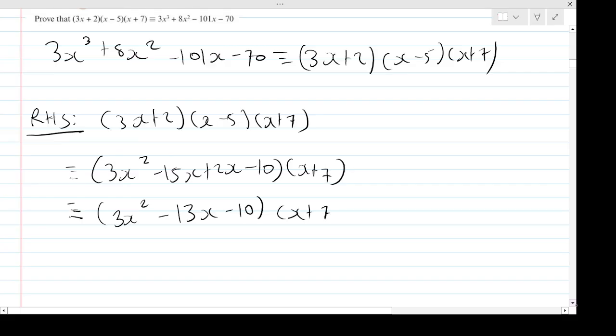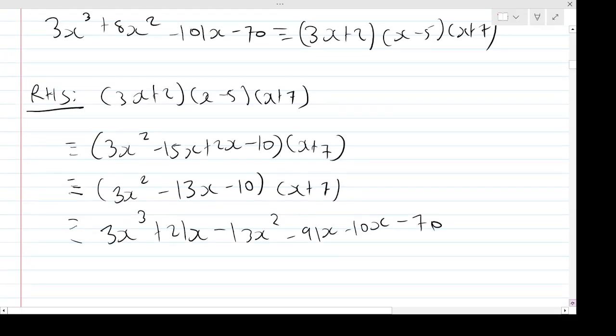There we are. Then I need to expand these two brackets again, and we get 3x squared times x is 3x cubed. 3x squared times 7 is plus 21x squared. Then minus 13x times x is minus 13x squared. Minus 13x times 7 is minus 91x. Minus 10 times x is minus 10x. And minus 10 times 7 is minus 70.